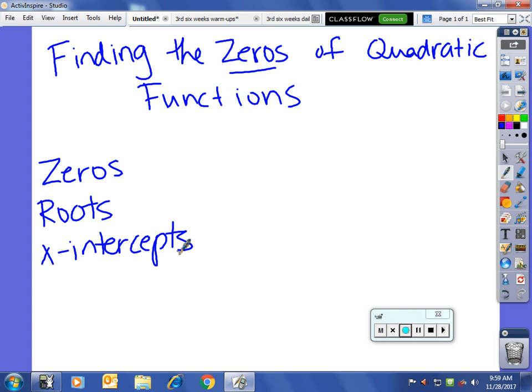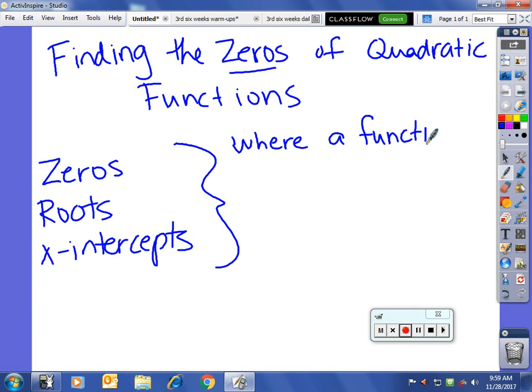If you're asked to find the x-intercept, that means find the zeros. And the way you do that is you set it equal to 0. So all of these mean the same thing. And what these are, it is where a function, and we'll talk about function in a minute, where a function crosses the x-axis. That's why it's called an x-intercept sometimes.